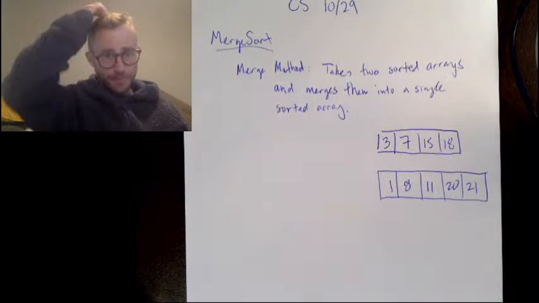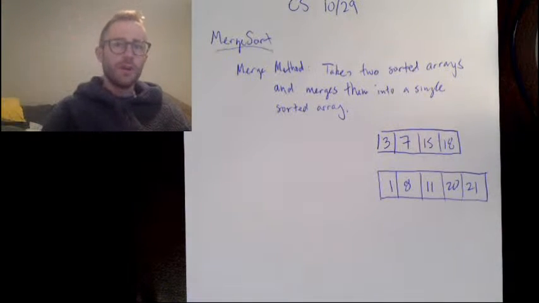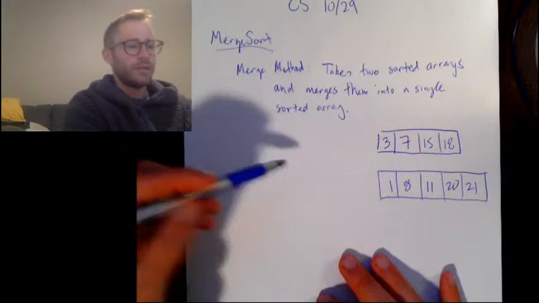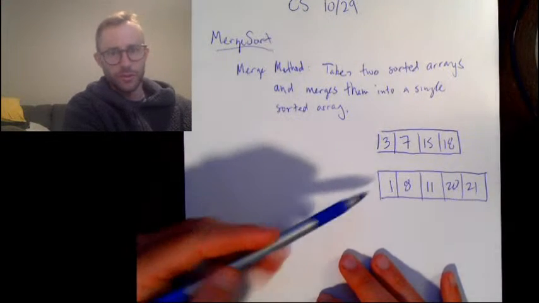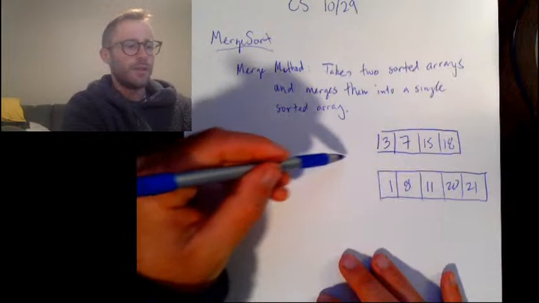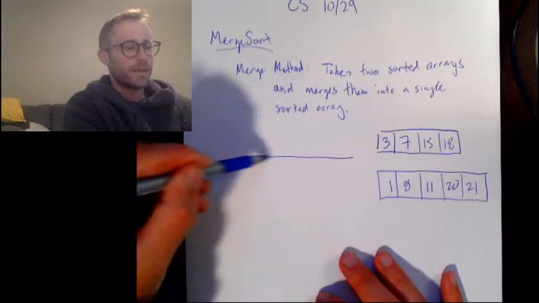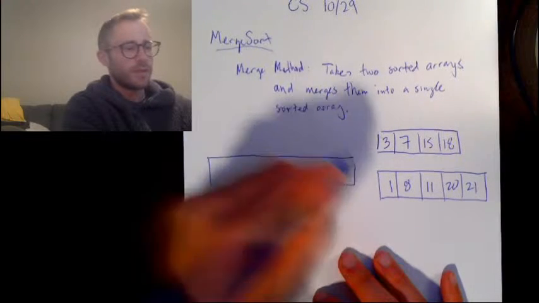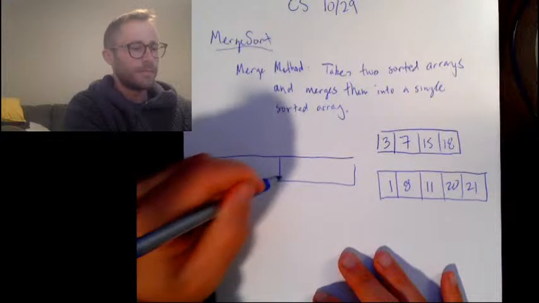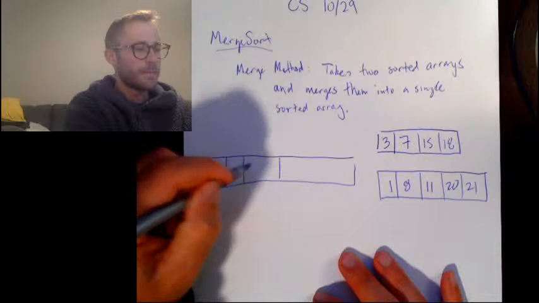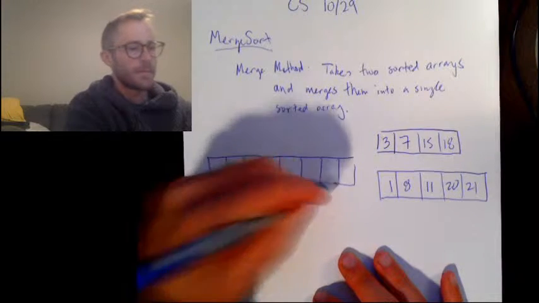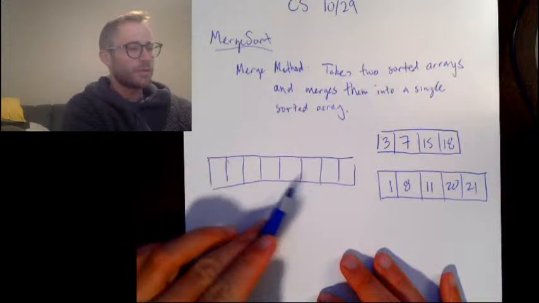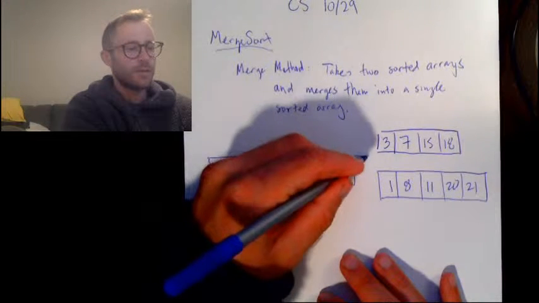So what the merge method does is it's going to take these two lists, which are sorted, and it's going to combine them into a single array of size 9. Okay. 1, 2, 3, 4, 5, 6, 7, 8, 9.